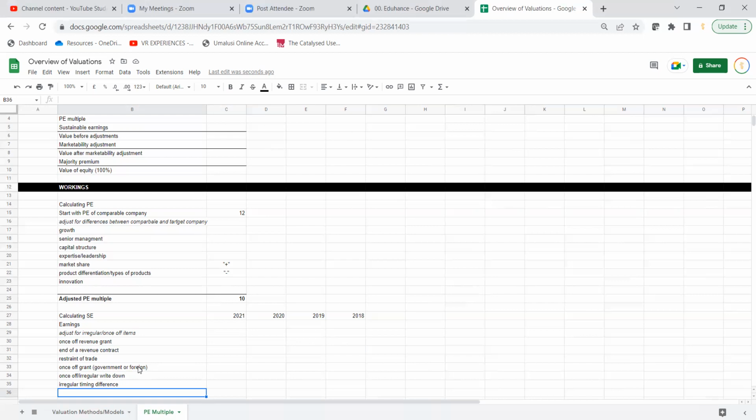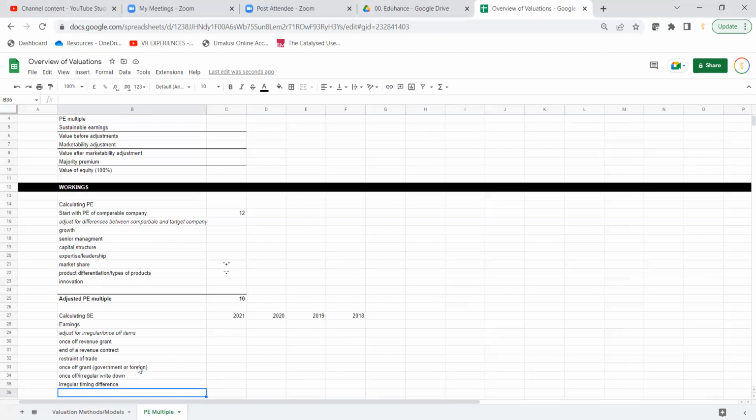So what would you do? Because if it wasn't for that once-off event, the sale would have taken place in the current year. So you adjust the current year figures to take into account the revenue that should have been recognized.